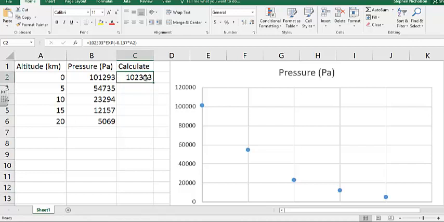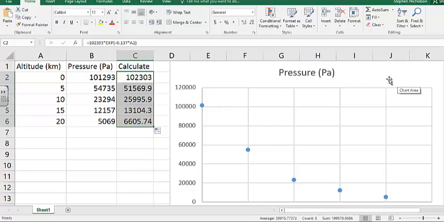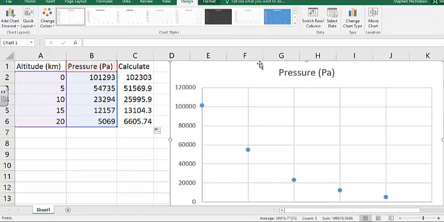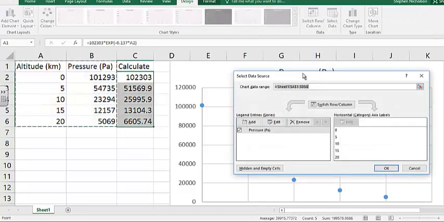So then you can take that equation, copy it by clicking on this cell, grabbing the corner, dragging it down, and you'd see these numbers. Okay. So one thing we can do is add this data to our plot. We'll go over to the graph, click on the graph, then go to Design, Select Data, and right now it's just these cells.